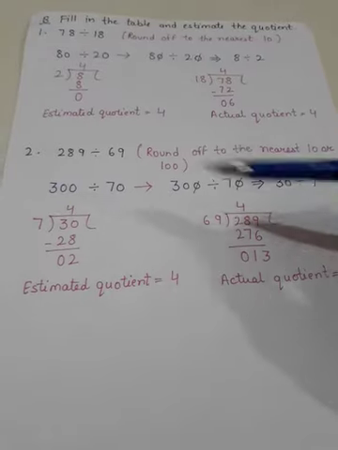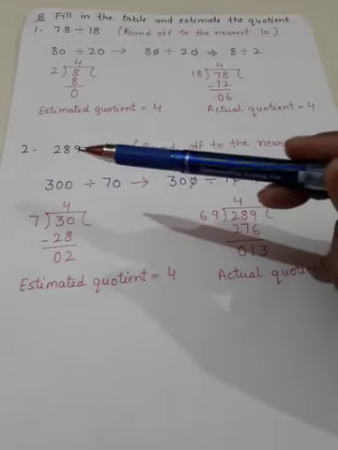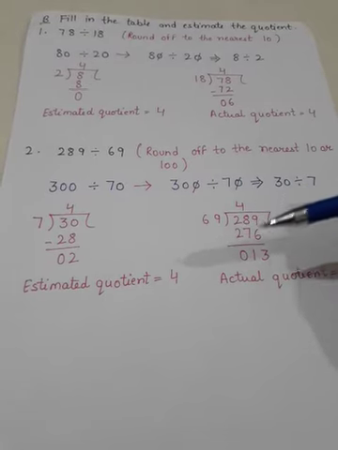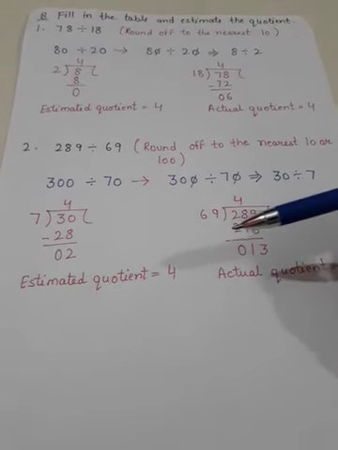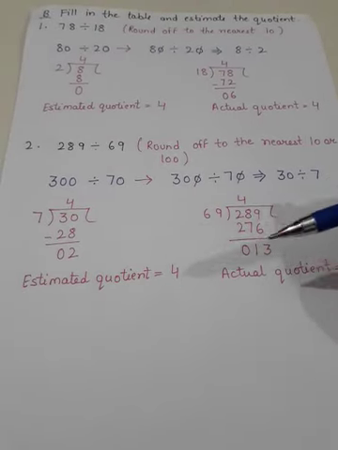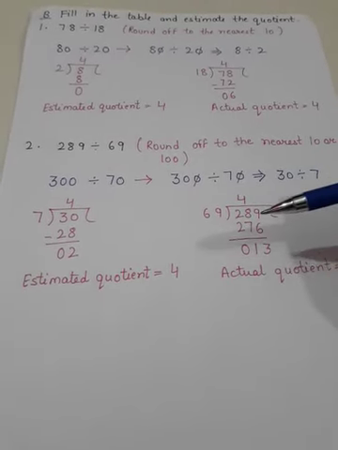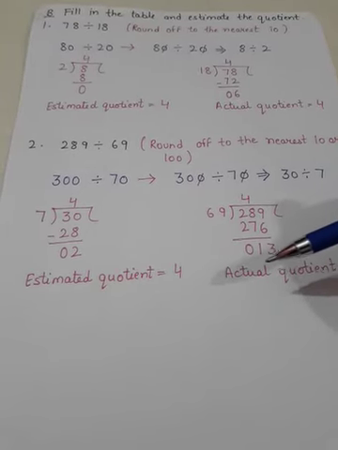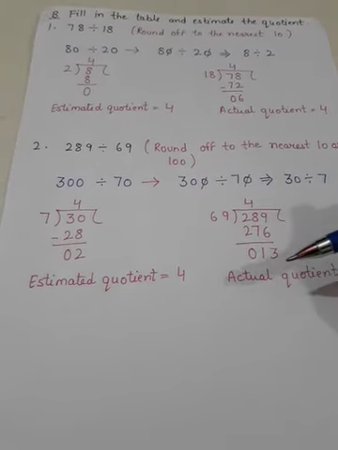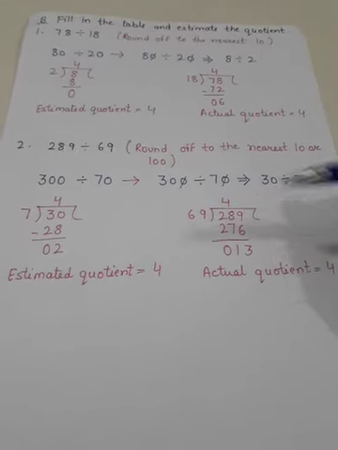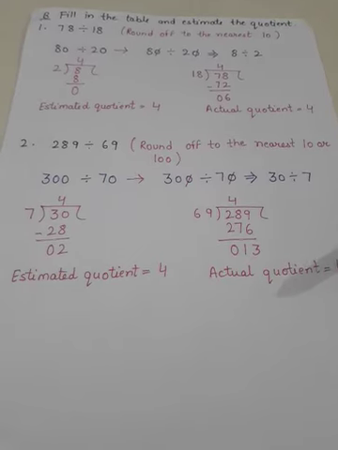For the actual quotient we will take the actual numbers. 289 we are dividing by 69. When you write the table of 69 in the rough part, you can see 69 4s are 276. So subtract: 9 minus 6 is 3, 8 minus 7 is 1. 13 is less than 69. So we cannot solve further, we will leave it here only. So what is the actual quotient here? That is 4.